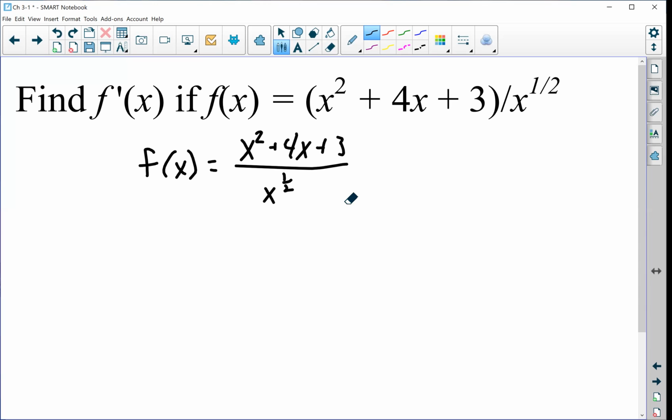No, we didn't have a rule that would help us with division. So what I would like to do is rewrite this so that it doesn't have division.